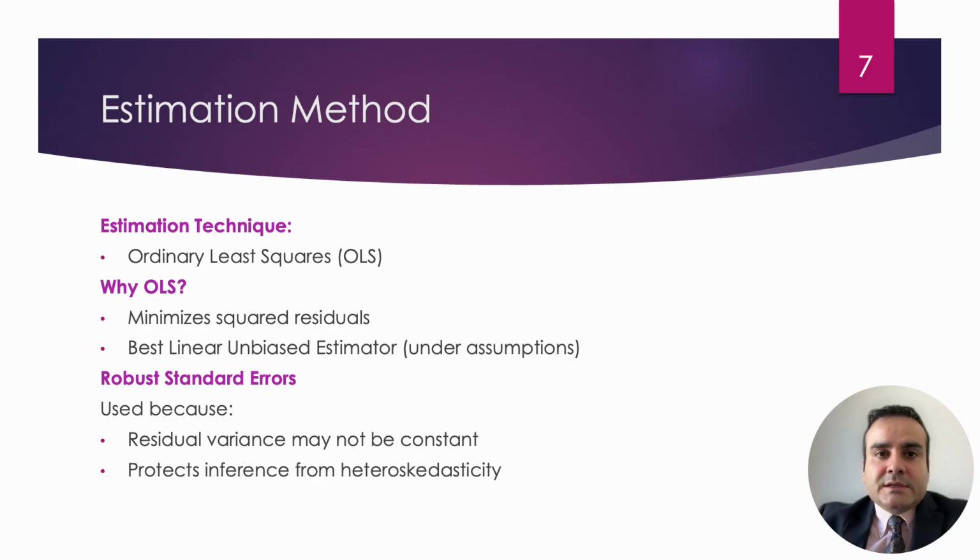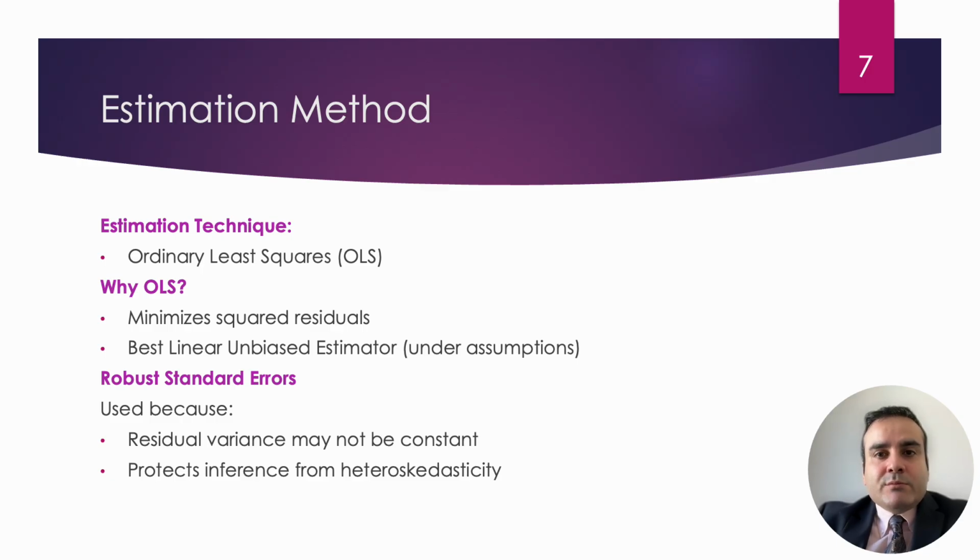By minimizing these squared errors, OLS finds the best fitting linear relationship between the dependent variable and the explanatory variables. Under the classical linear regression assumptions, such as linearity, exogeneity, and no perfect multicollinearity, OLS is the best linear unbiased estimator, meaning it provides the most efficient linear estimates among all unbiased estimators.